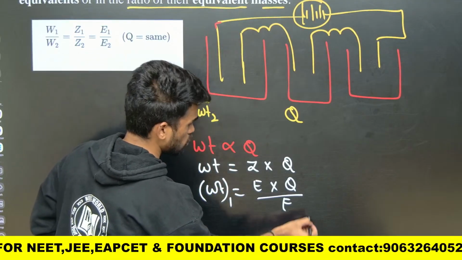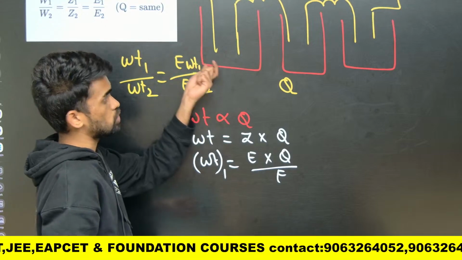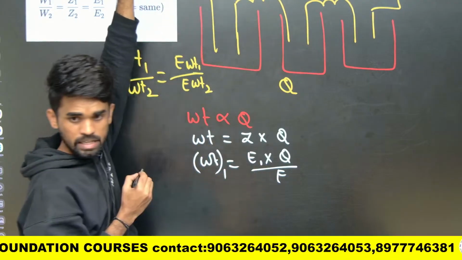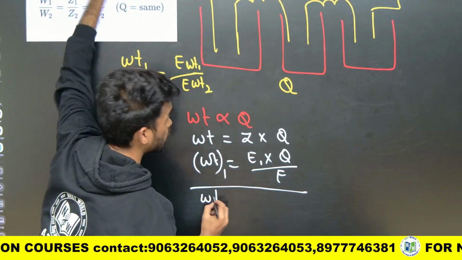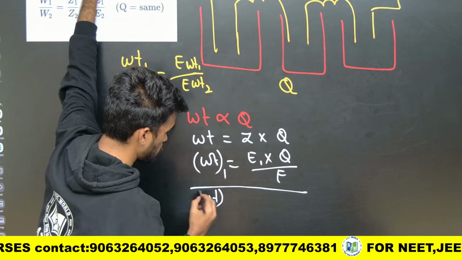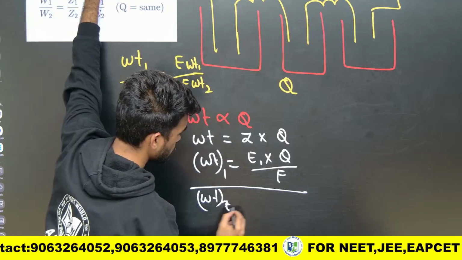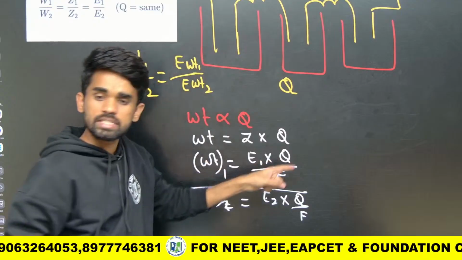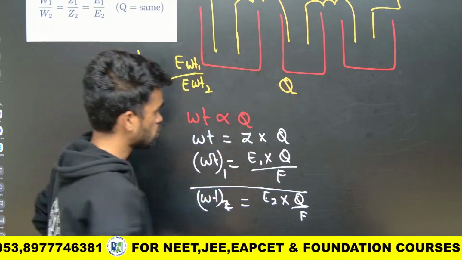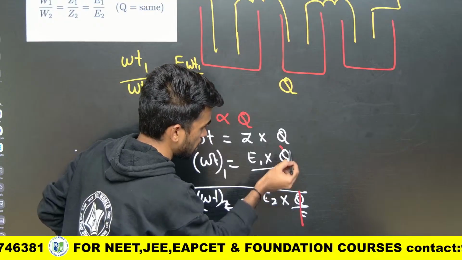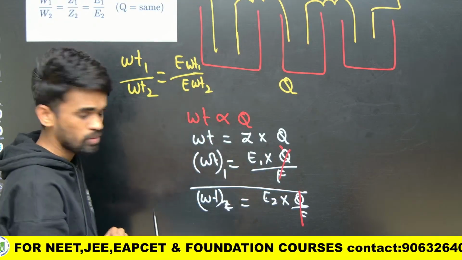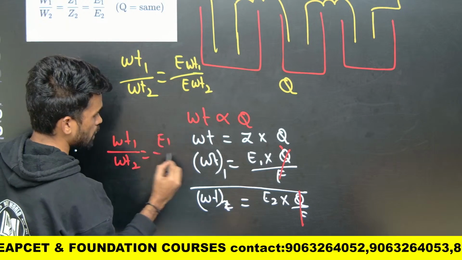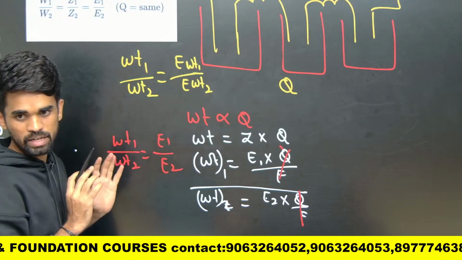Similarly for electrolytic solution 2, the substance depositing there has its equivalent weight considered as E2. So W2 equals E2 into Q by F. Q is the same here and there, and so is F. So what remains is W1 by W2 equals E1 by E2, equivalent weight 1 by equivalent weight 2.